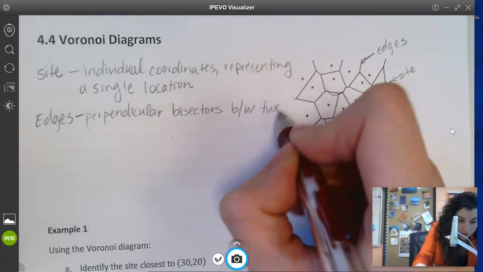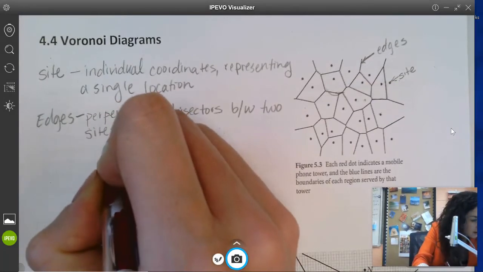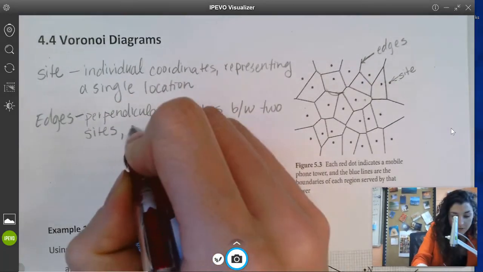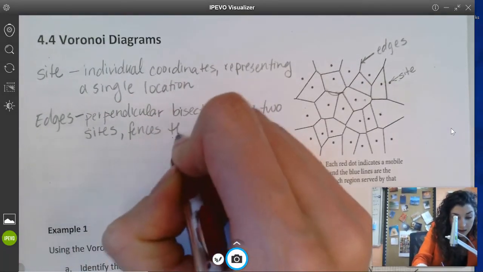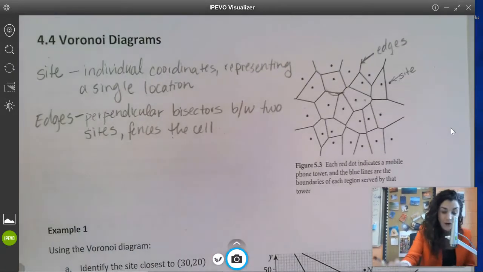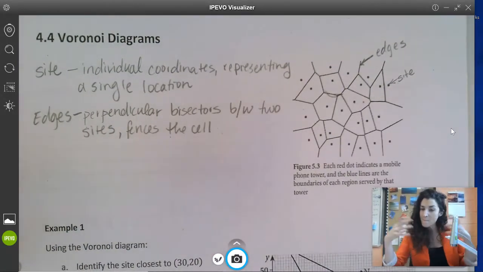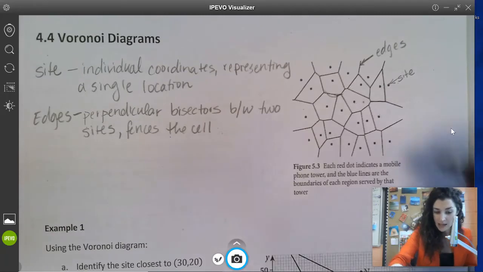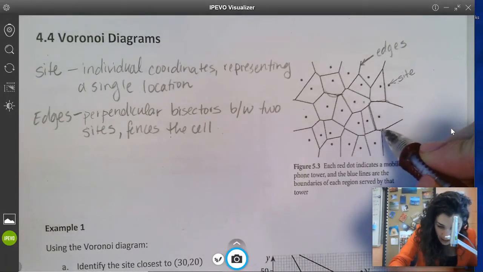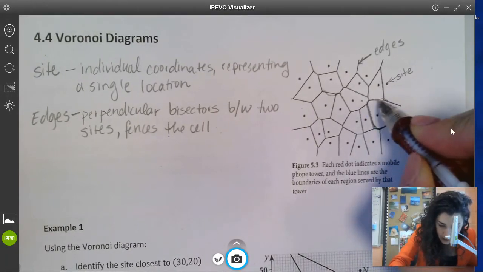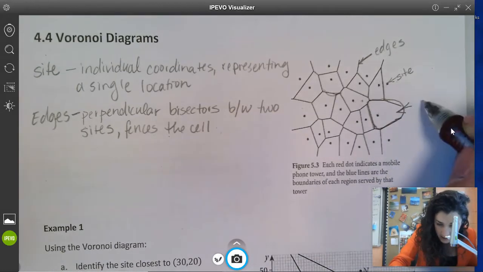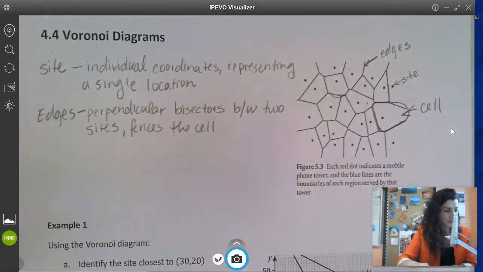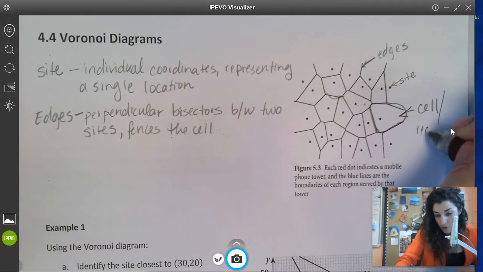So all of those lines are perpendicular bisectors between two sites, and it fences the cell. So a cell is the bubble that surrounds that site. So this whole guy is a cell. We also call them regions.